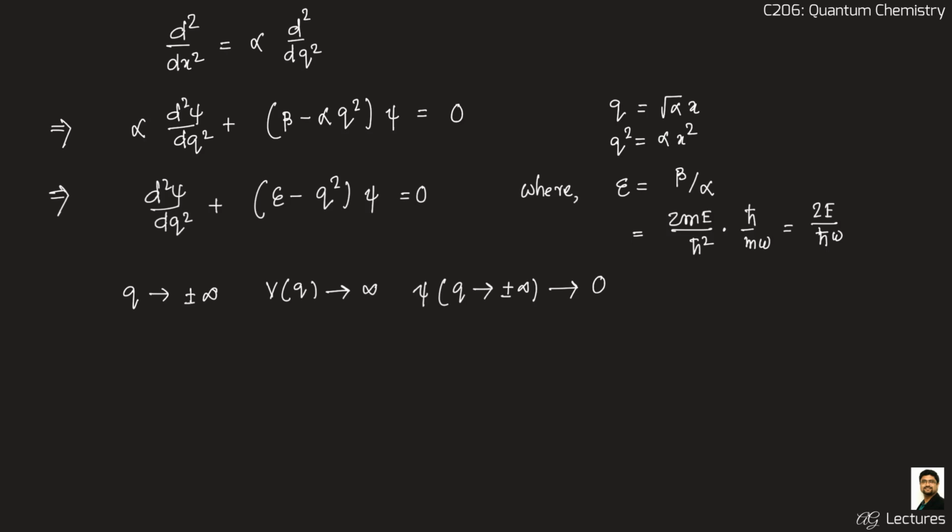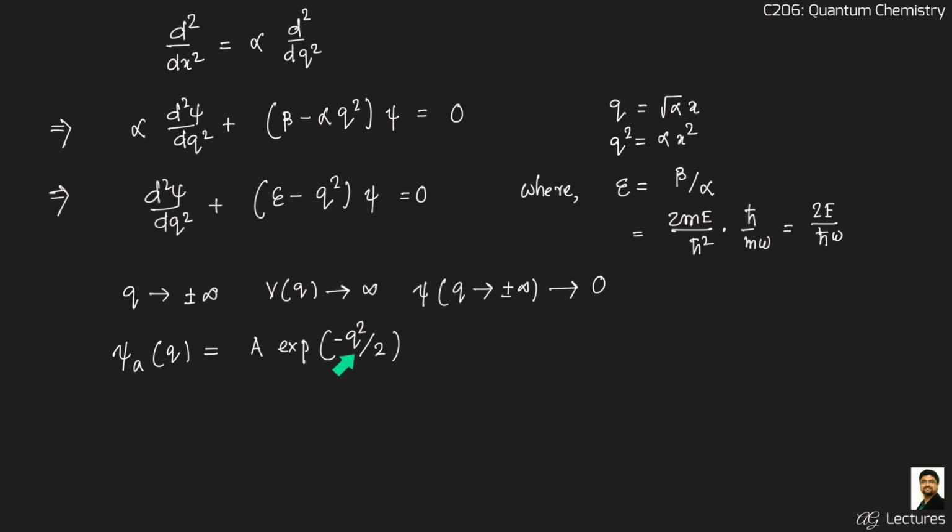The asymptotic form that we'll try is of this particular kind: psi_A, where A stands for asymptotic, as a function of q is equal to some amplitude A times exponential of minus q² over 2. So this is an exponential function.